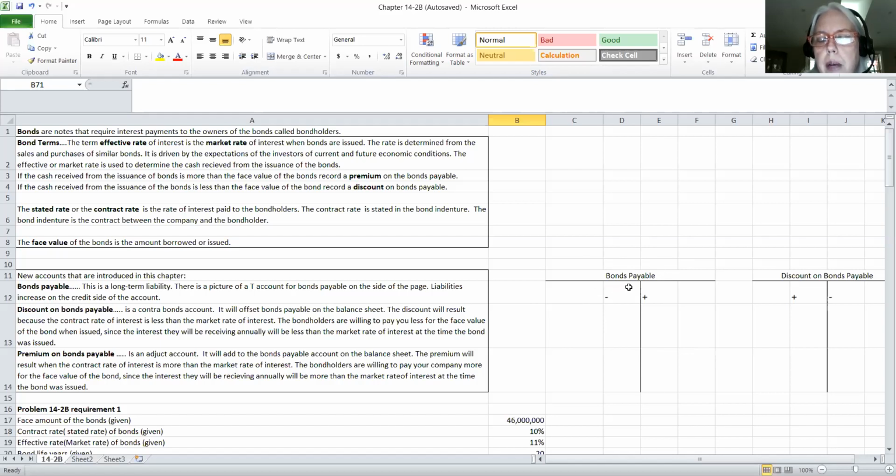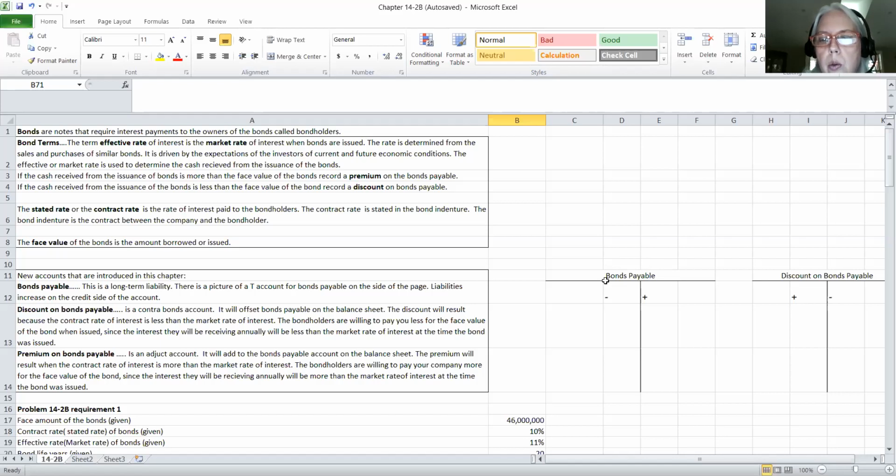When we sell bonds to our bondholders, what we're really doing is saying that we're going to pay back the face value of those bonds at the end of the life of that bond. So if the life is 10 years, at the end of 10 years we have to pay back the amount that we have borrowed.